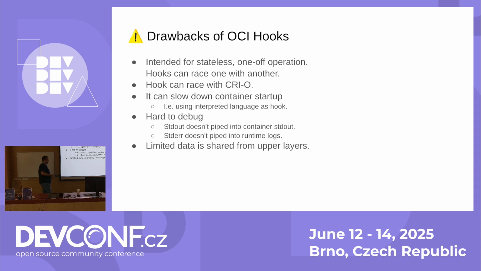And the last one is that when you run the OCI hook, if you need to gather some data about the application, or some special metadata about the pod, you don't have it. The maximum that you have is what we saw in the CRI-O configuration in the when. So you can define annotations or commands, but inside the hook context, you don't know much about the pod. You can only know about the container specification. In some cases, it's not enough.